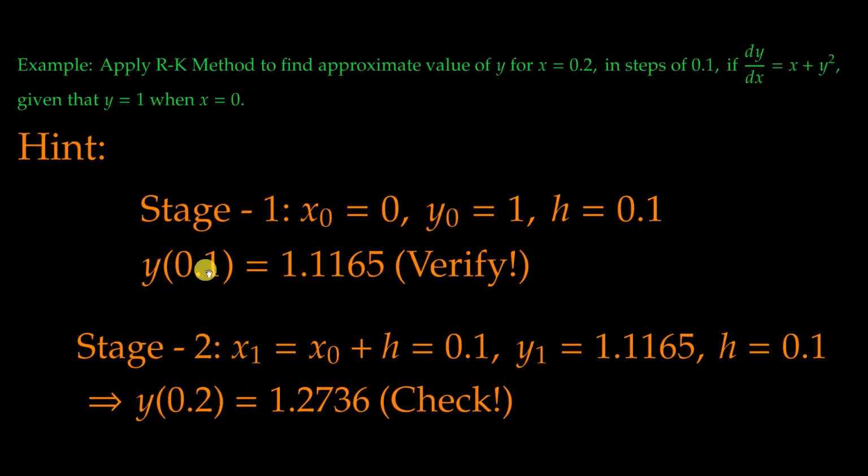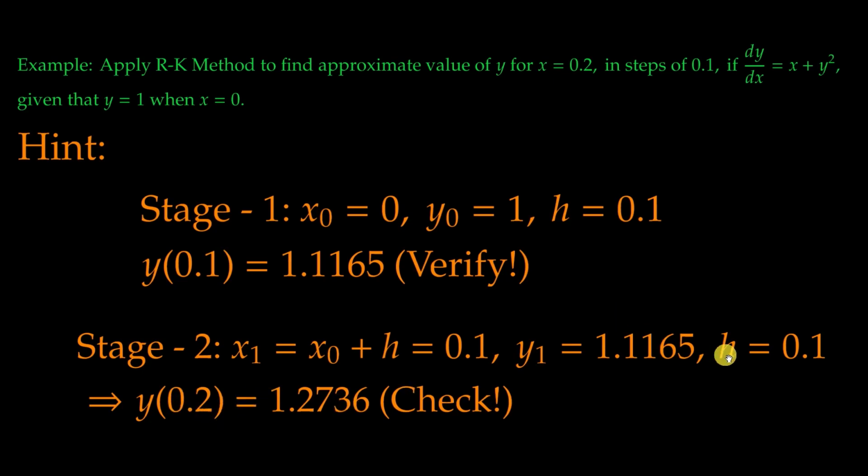So you will again use this in your stage 2. Now your x1 is x naught plus h, which is 0.1. Initially it was 0, now your x1, that is the new step, is 0.1. y1 you have already found here and that is 1.1165. Again h is 0.1. So that h can be used to find successive values for k1, k2, k3, k4, k, and then y2 will be y1 plus k.